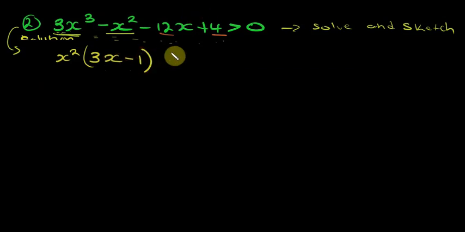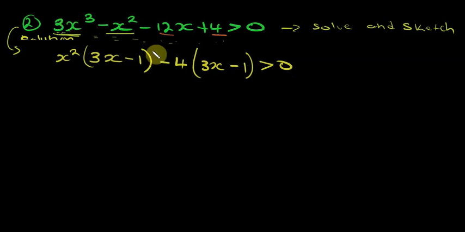In that case, we'll take out minus 4. So we're taking out minus 4, this becomes positive 3x minus 1. Okay, all should be greater than 0.